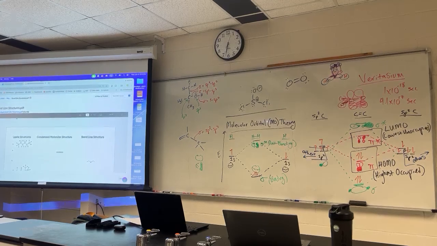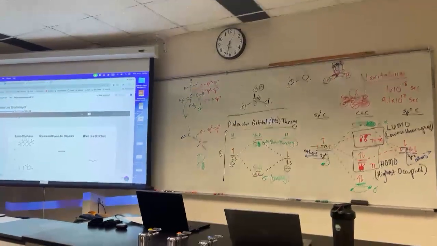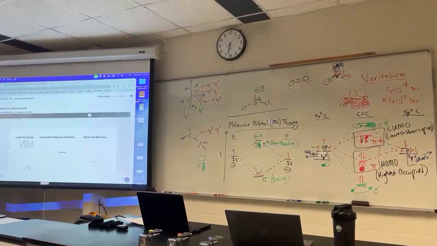Yes, so with MO theory in mind, and again, it's hard to draw MO theory. MO theory doesn't help us draw a molecule. With MO theory in mind, we can come back to valence bond theory and Lewis structures, and we can make easier predictions about reactivity. Did that answer your question?